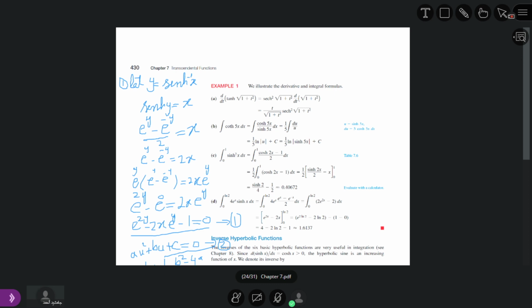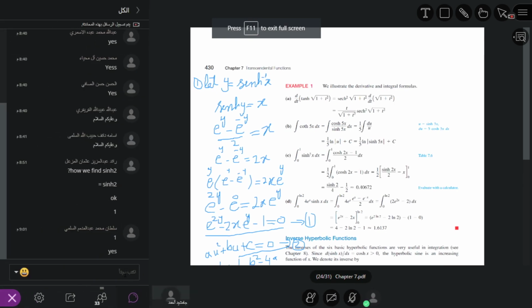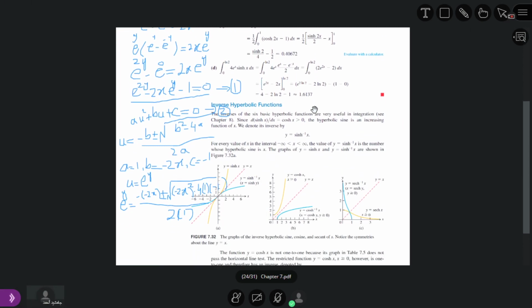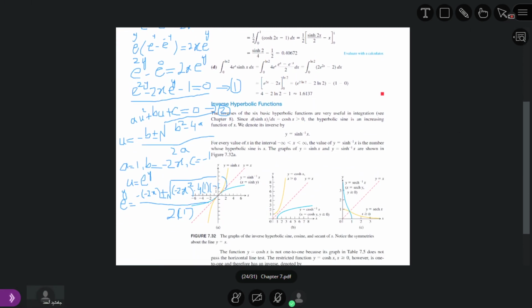Divided by 2, and 2 1 is equal to 2. Okay, do you understand my point? Now here, whenever we multiply, minus times minus is equal to positive.